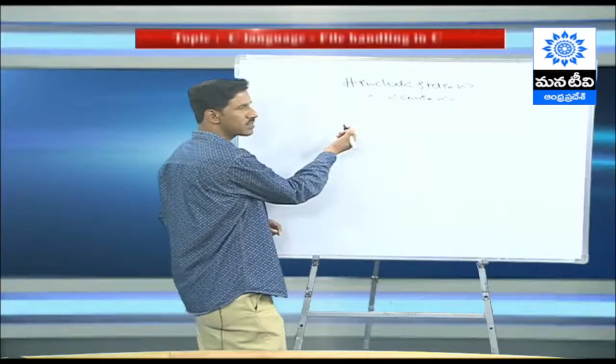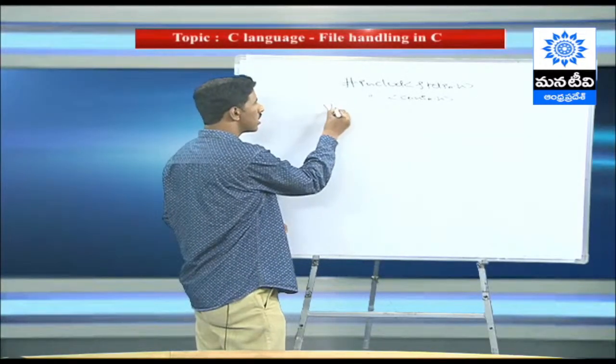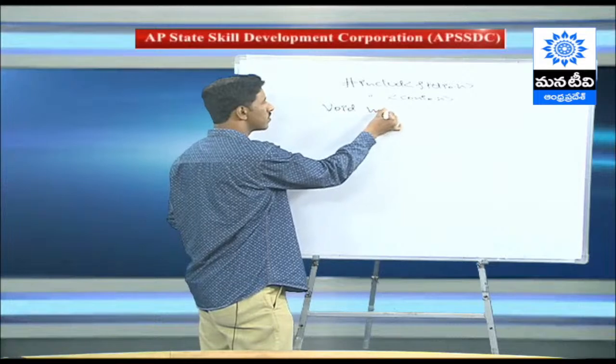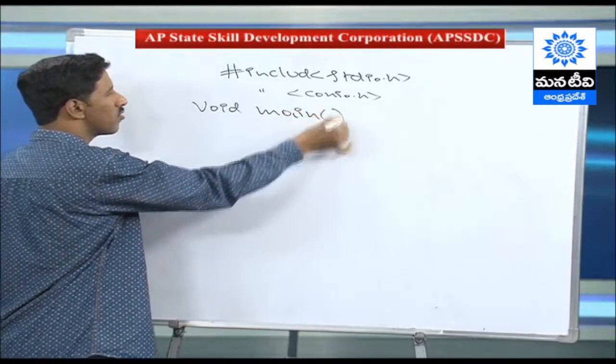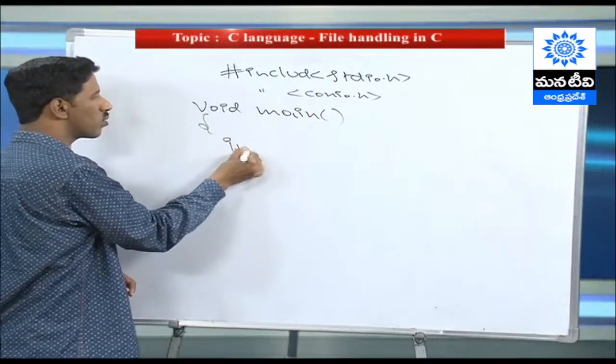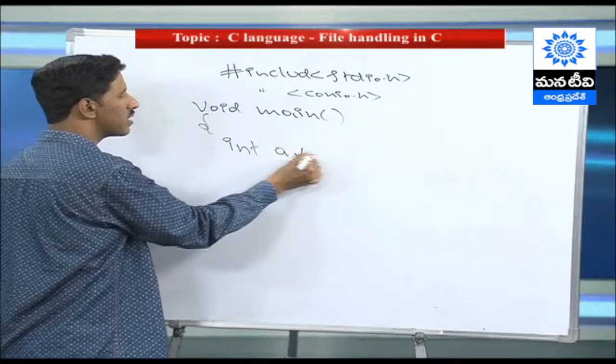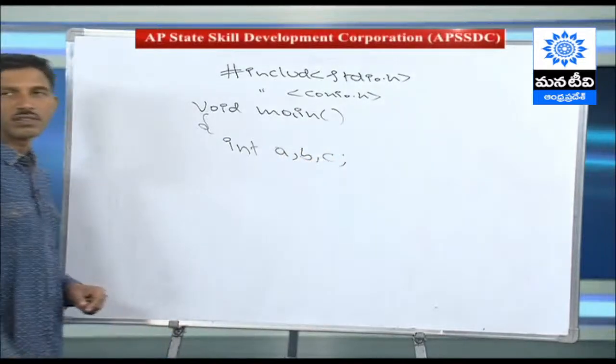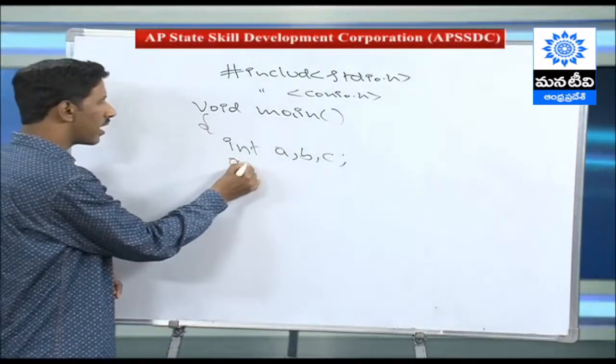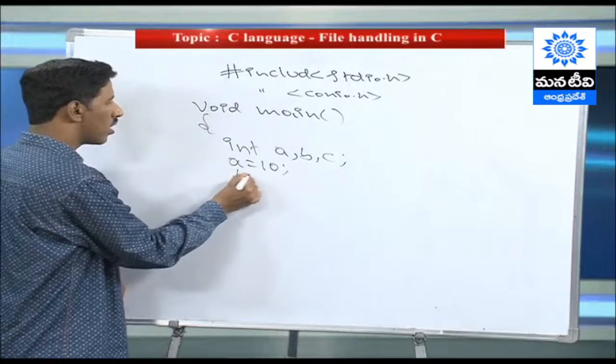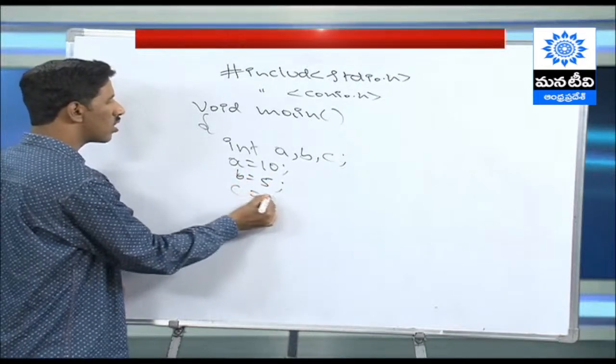First I created one simple program with stdio and conio. Inside the main function, first I declare three variables, int a, b, c. I created three variables, a is 10, b is 5, c equal to a plus b.